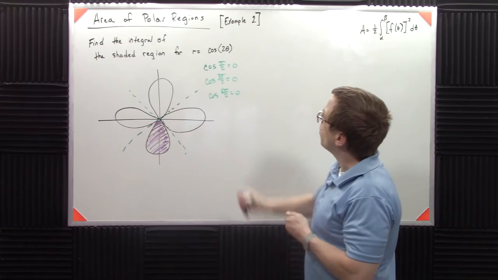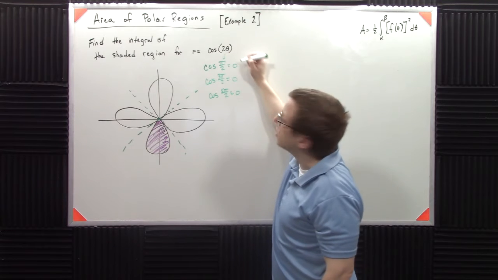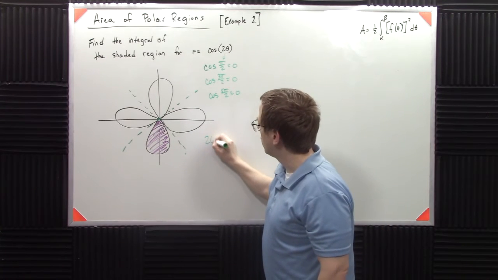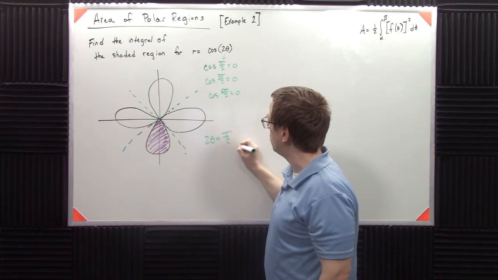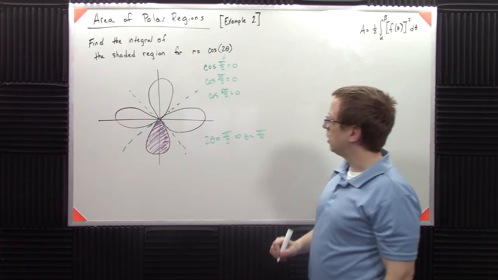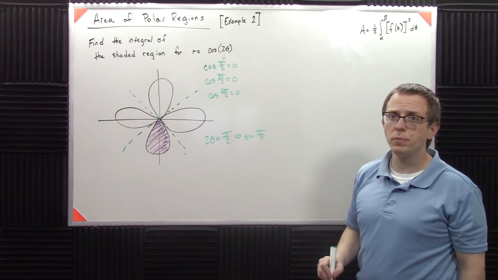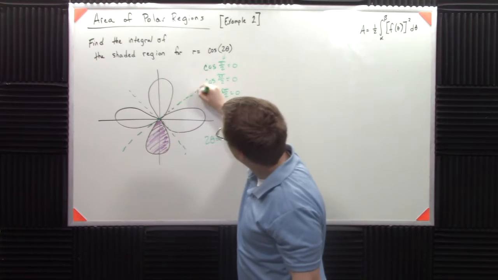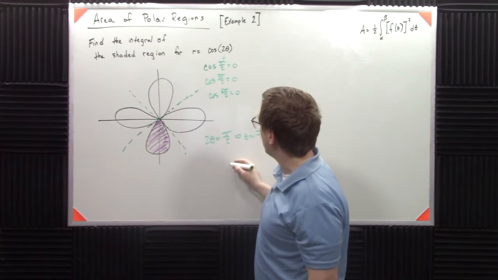So ultimately, we want to figure out a case where 2 theta is equal to one of these values. If 2 theta is pi over 2, that tells me theta is pi over 4. Okay, that's great and all, but that's this angle. That doesn't look like our right case.